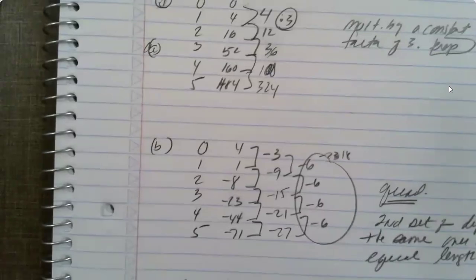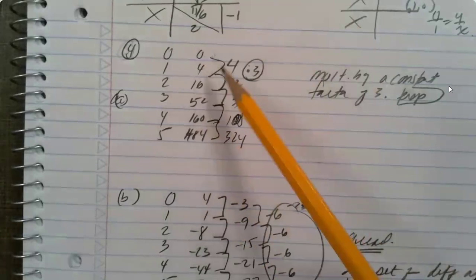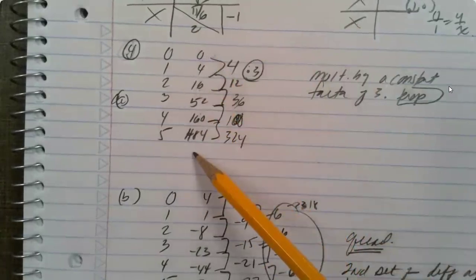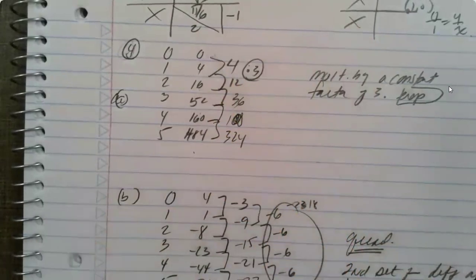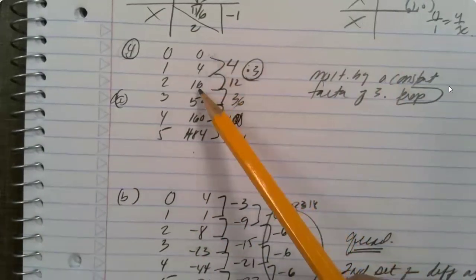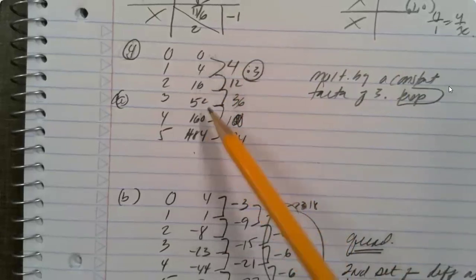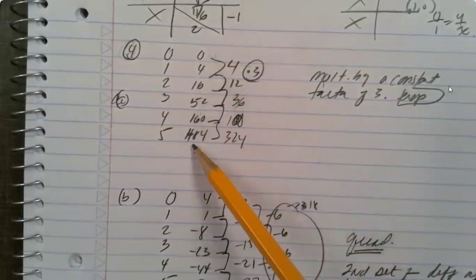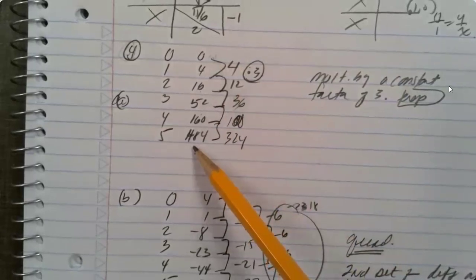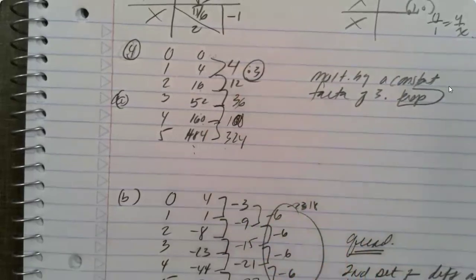Next, finishing up the home stretch, the table of values. So we calculate, obviously, we're not multiplying to go from term to term. So that's the first question you ask yourself: am I multiplying to go from term to term? And the answer is no. So what I do is I'm going to subtract the differences. 4 minus 0 is 4, 16 minus 4 is 12, 52 minus 16 is 36, 160 minus 52 is 108, and 484 minus 160 is 324.